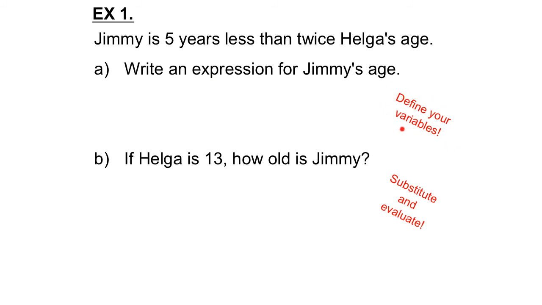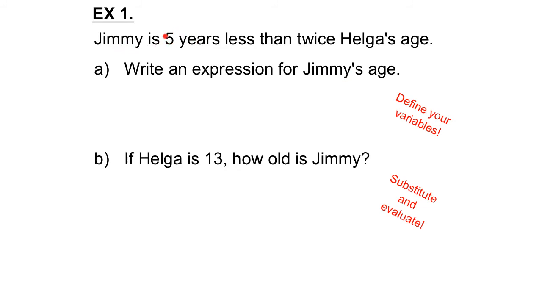This is a reminder to define your variables. What do I mean by that? Well, first off, the variable is a number for which we don't know the value. So since we're trying to find Jimmy's age, we have to look at the clues.